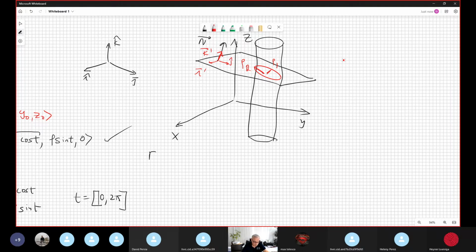So the equation, in vector valued function, is r equals r null, which is relatively easy to find because it coincides with the center of the cylinder, plus rho 1 I prime cosine t, similar idea, plus rho 2 J prime sine t.